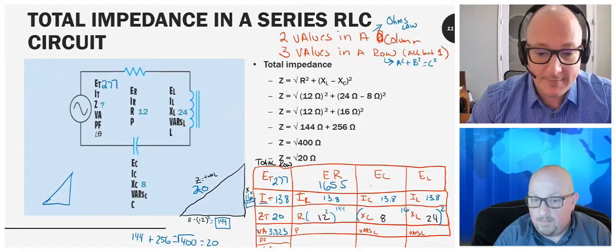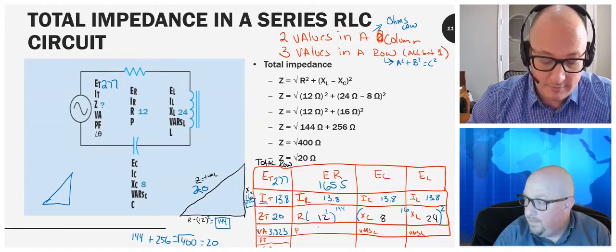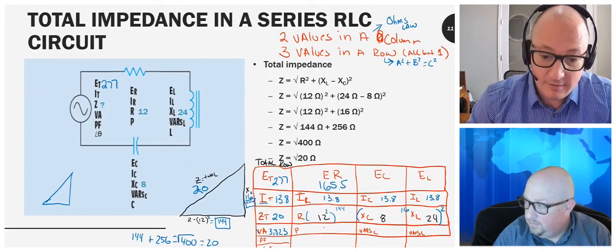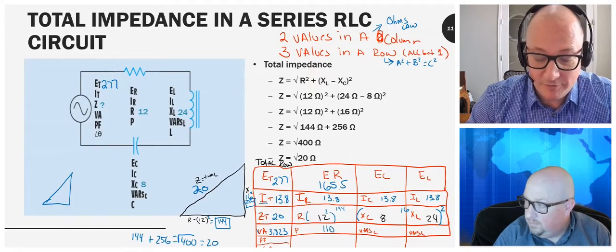Okay, and 13.8 current times capacitive reactance gives me a 110.4 drop.